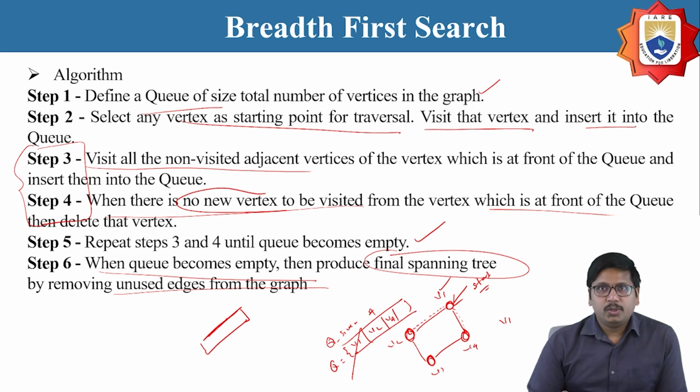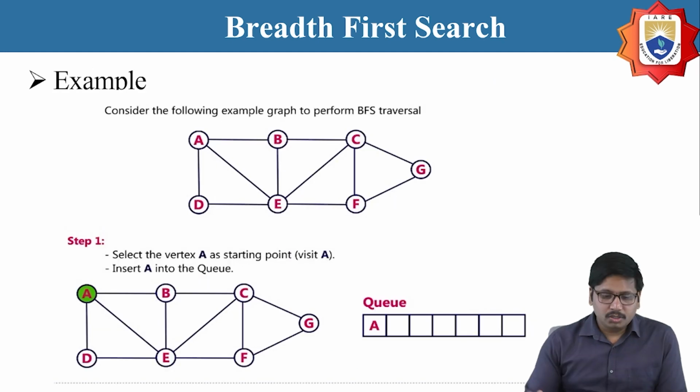Whenever there is no new vertex to be visited from the vertex, then we have to delete the vertex which is at the front of the queue. And we have to repeat steps 3 and 4 until the queue becomes empty. Then whenever the queue becomes empty, we have to produce the final spanning tree.